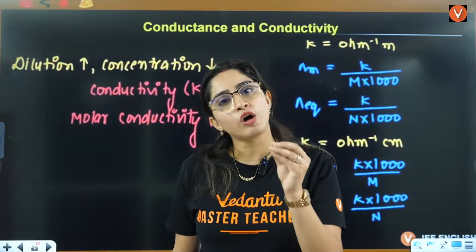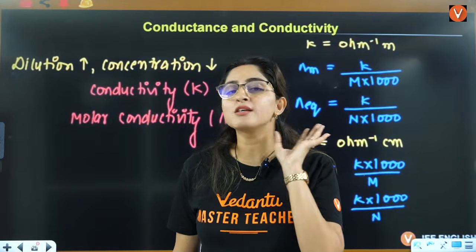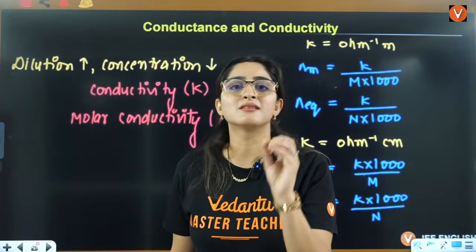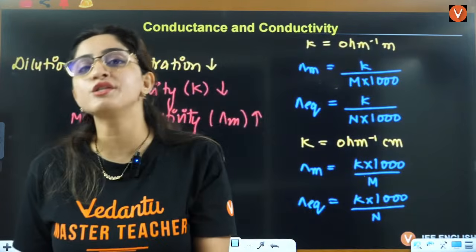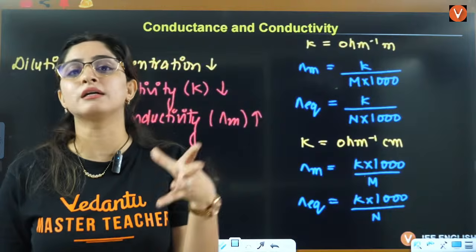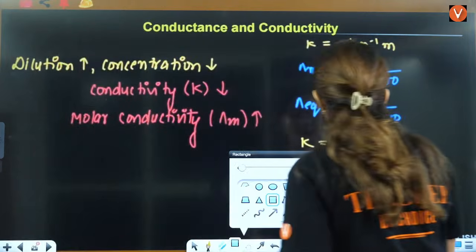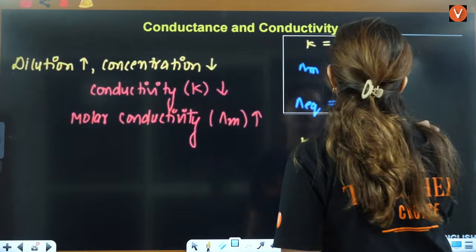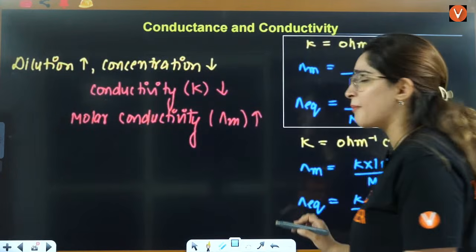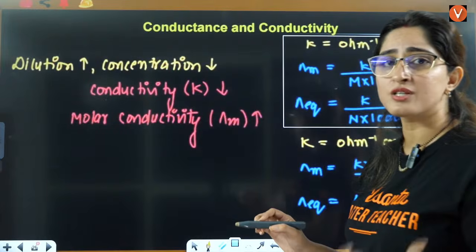We talk about 1 mole, whatever volume is occupied by that, and we measure the conductance for that, which is called molar conductivity. That has a formula. Now if kappa is given in meters, that you will not see in chemistry, kappa will be given in centimeters, as things are very small.